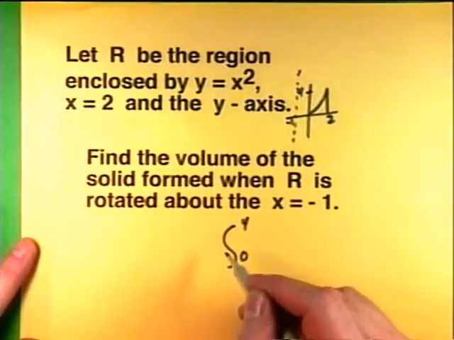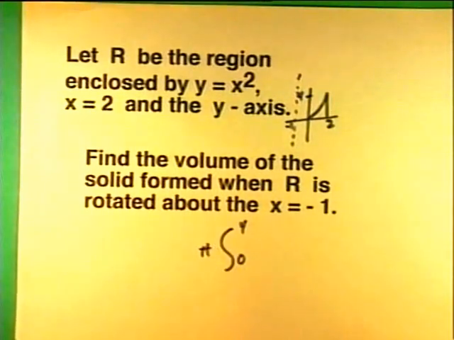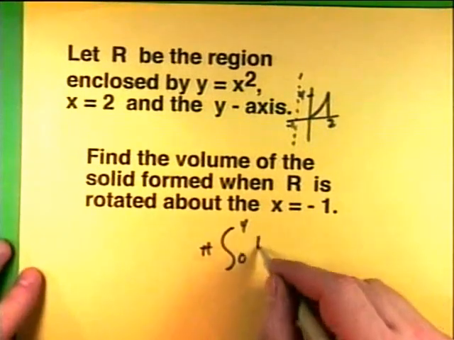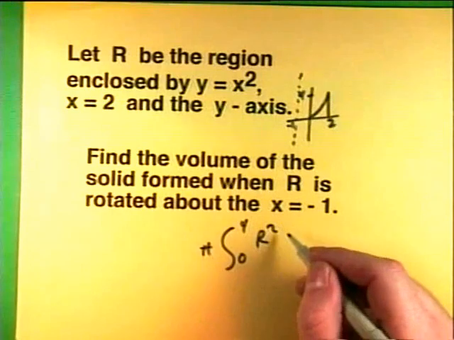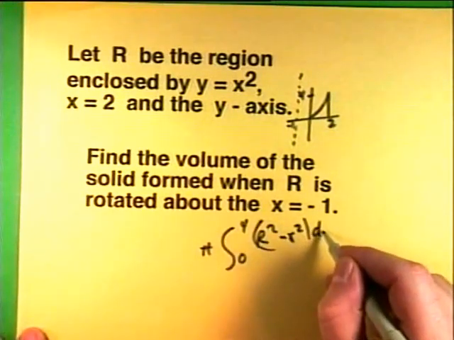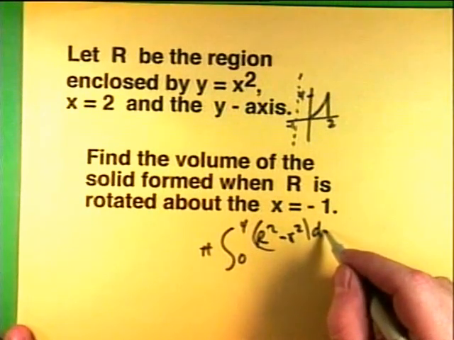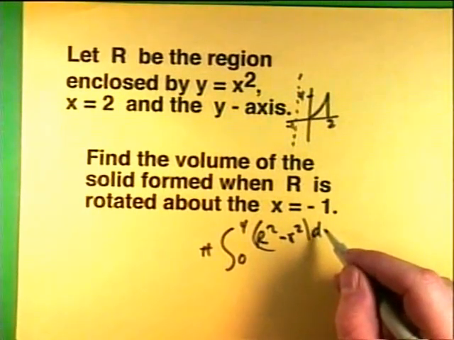And is there going to be a hole or no hole? There is a hole. So if there's a hole, it's going to be R squared minus r squared, right? So what are you going to do from there? We're going to have to get x in terms of y.